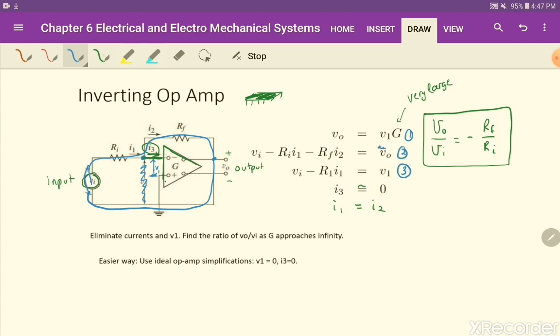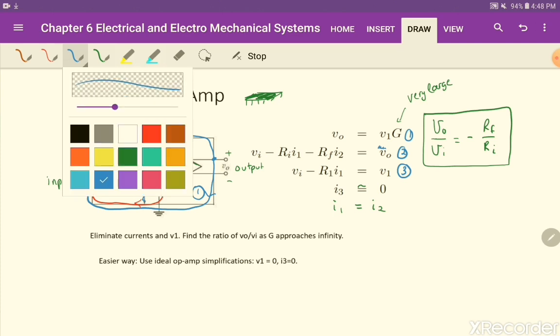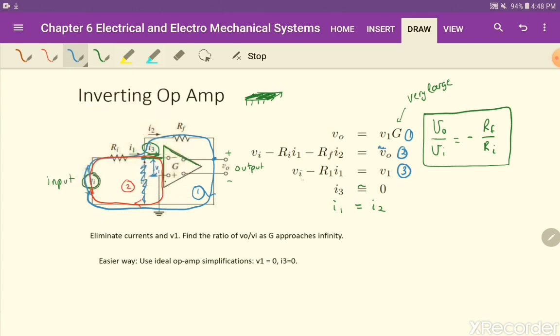The third one is a loop starting from the negative terminal, the VI, and going around; this is your loop number 2, and this is your loop number 1. Going around loop number 2, you have VI minus RI times I1 equals V1 at that level. RI times I1 is a typo fix here.